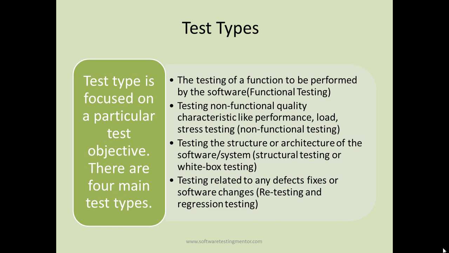In non-functional testing, the main objective is to test the non-functional characteristics of the software, like what the performance is when thousands of users are simultaneously logged into an e-commerce website.